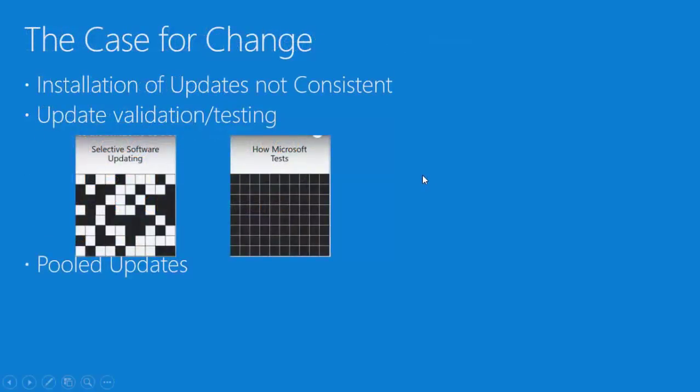So in terms of the case for change, just a few points. Installation of updates has been an interesting thing for a while among different customers. Customers have always been interested in getting updates deployed, but there are different priorities inside different customer organizations. And the result is when we would release patches, they would not always be applied in the way that we had hoped. Customers would tend to pick and choose which updates they wanted to apply versus just applying what we provided.